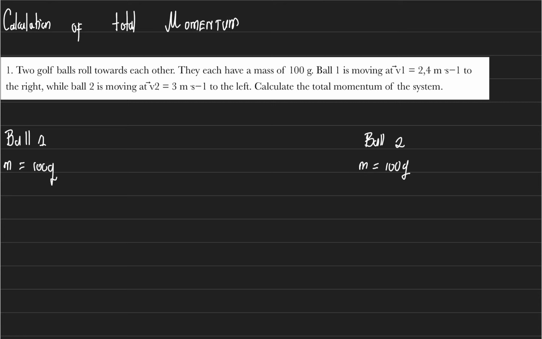And then ball 1 is moving at a velocity of 2.4 meters per second to the right. And ball number 2 is moving at a velocity of 3 meters per second to the left.